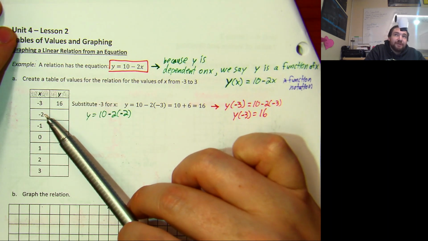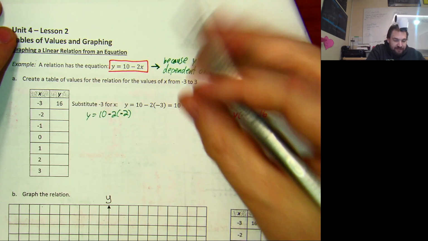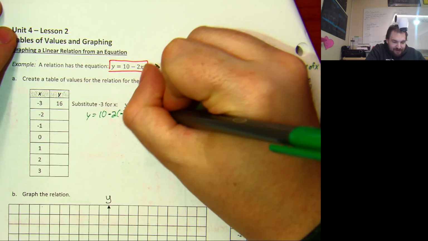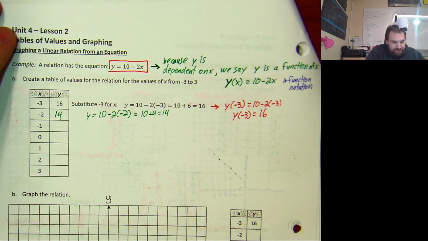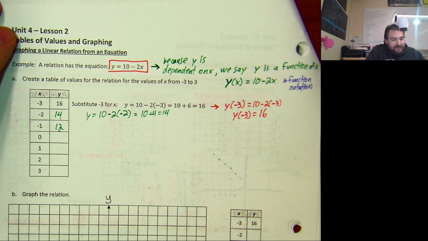If I plug in negative 2 for x, y equals 10 minus 2 times negative 2, which is? Oh, you went to the negative 1, yes. 10 plus 4 equals 14, so that y value there is going to be 14. The next one, you're absolutely right, it's going to be 10 plus 2, which is, when x is equal to 0, y is going to be?